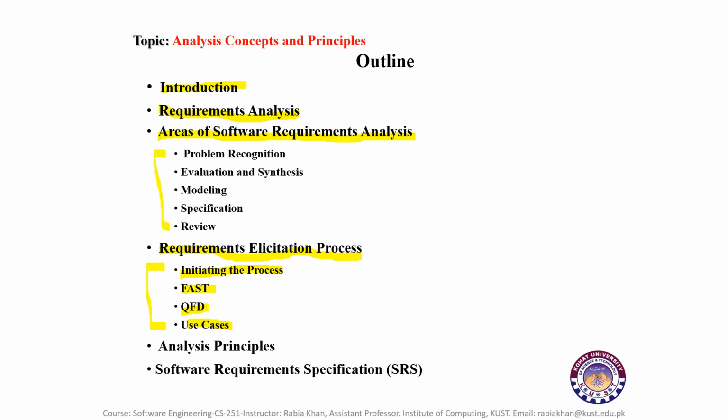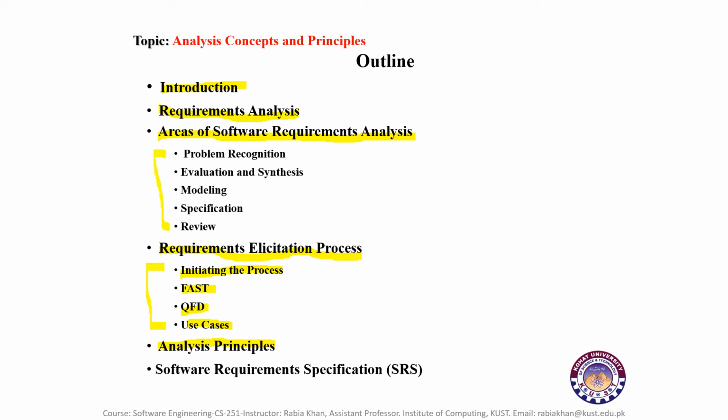Then we discussed different analysis principles: the rules and regulations that an analyst needs to follow in order to perform the requirements analysis task properly. Here we discussed 5 different analysis principles.